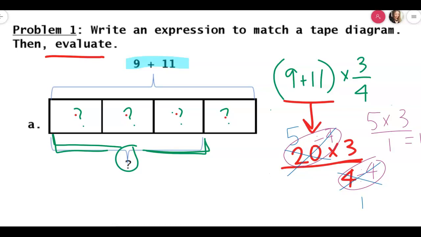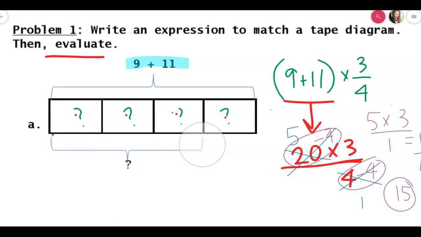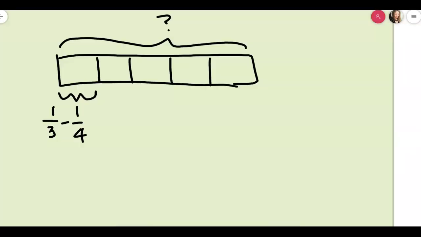Oops, sorry. 15 over 1, which gives me 15. That means that 3/4 of the sum, 9 plus 11, equals 15. That would also let me know that each one of these units is 5, although that's not what they're asking for.